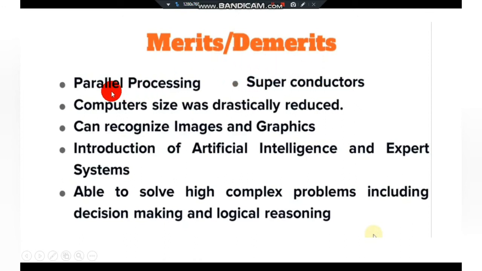Okay, so in this generation we are going to do parallel processing. We know the meaning of parallel processing: simultaneously we can do different work. That is, if you are working with Word, at the same time we can open some other process.